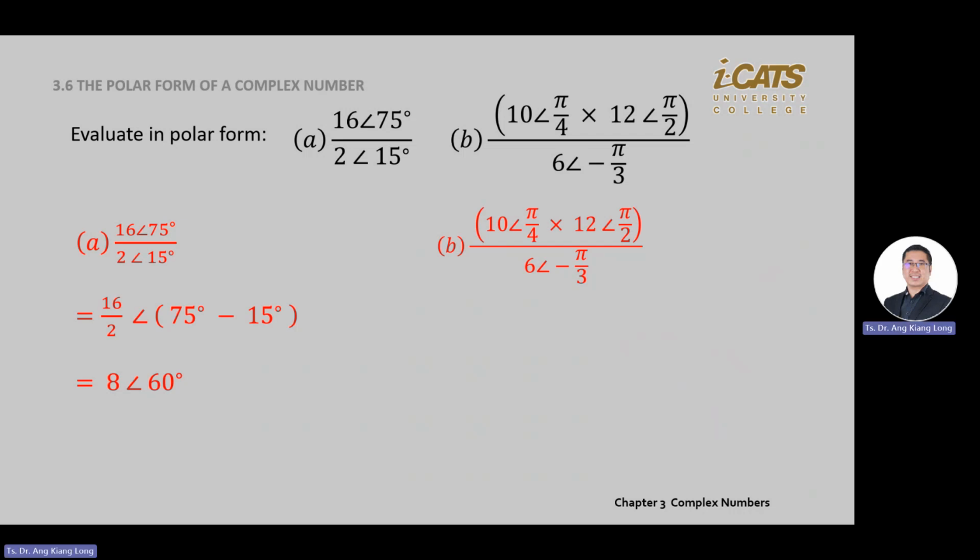This step is important, you need to write it in your test. This one is also the same, a bit faster. Just do the real number and then do the angle. Okay, multiply the angle is plus, divide is minus.